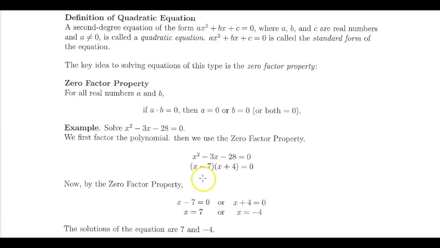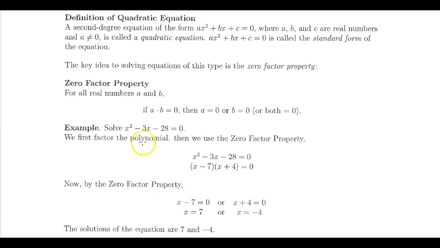If we put 7 back in the original equation, we have 49 minus 21, which is 28, minus 28 gives us 0. And if we put in negative 4, we have 16 plus 12, which is 28, minus 28 is also 0.